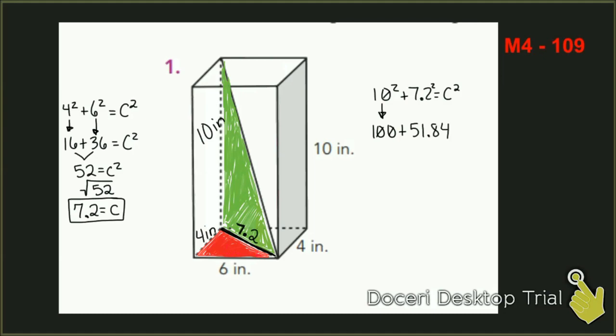And again, I do not want you to round that to the tens place. I want you to leave it as a hundreds place, and that's going to equal C squared. Then I need to combine my constants, so go ahead and add those up real fast. So when I add those up, I get 151 and 87/100, and that's C squared.